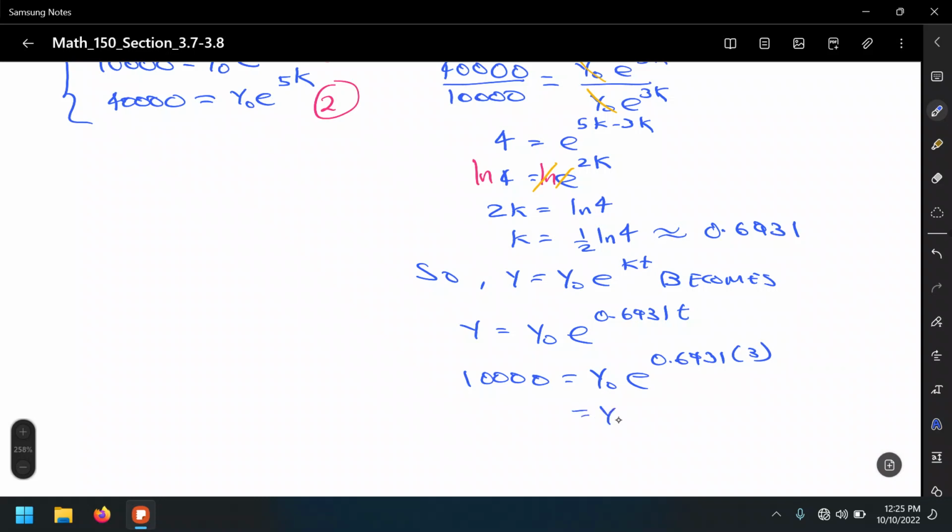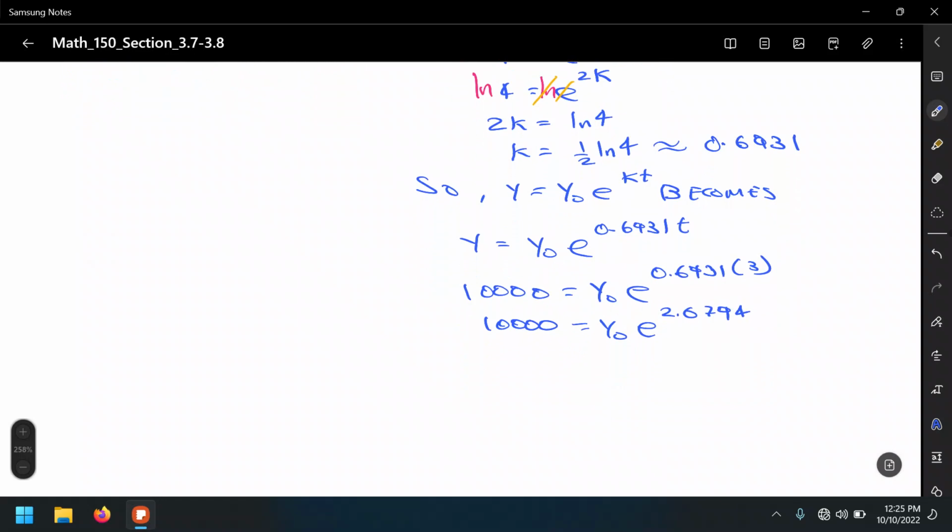So that's y initial e to the roughly 2.0794, and that's going to give us the y initial, which is 10,000 over e to the 2.0794. 10,000 divided by that should be approximately 4808.